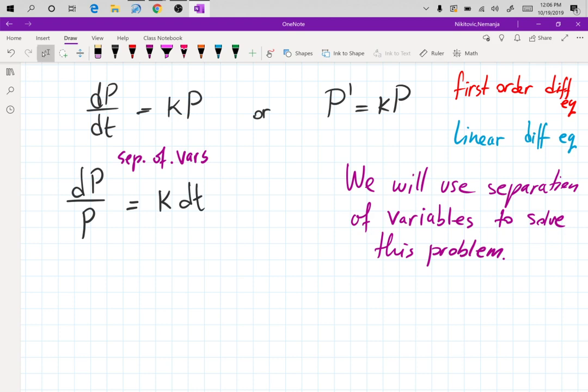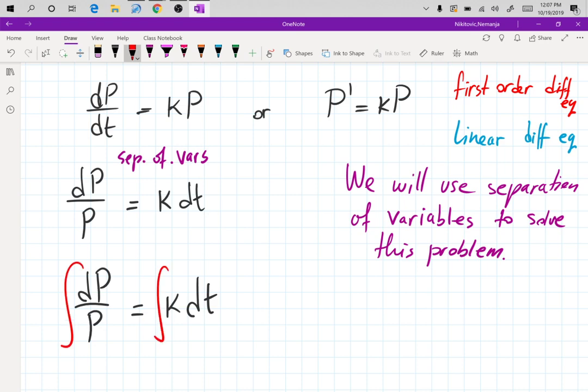All right, so guys, look what I have. I have dP, I have dt, so how do we get rid of those? We integrate both. Please write a new line, and then put in the integral signs, so you know that you added integral signs.